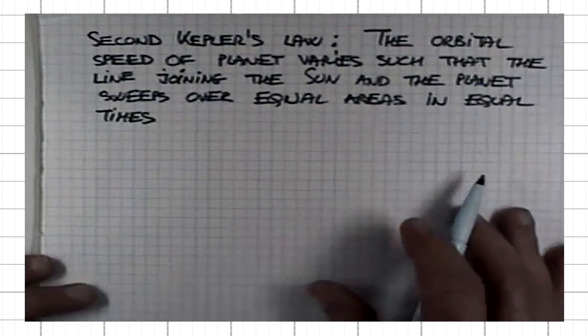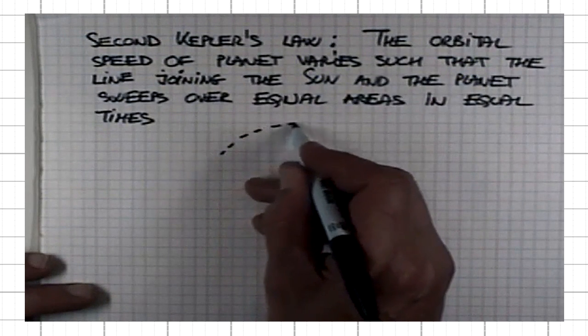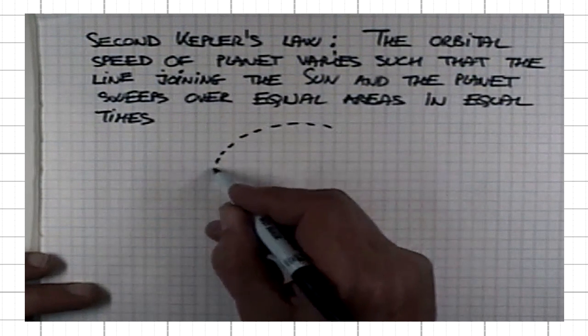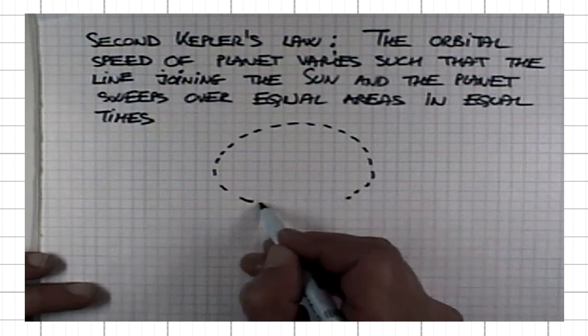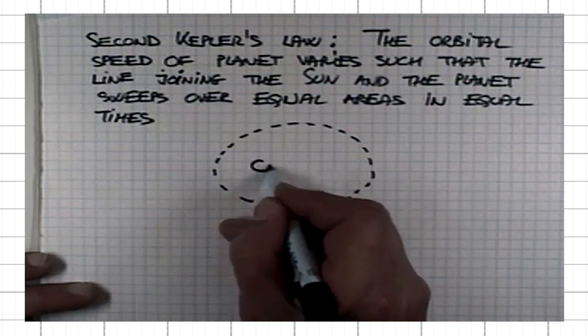Okay, so to redraw this diagram, of course, this is exaggerated because none of the planets has an orbit that is elliptical to this high degree, but I will exaggerate in order to make the point. So here is the sun.